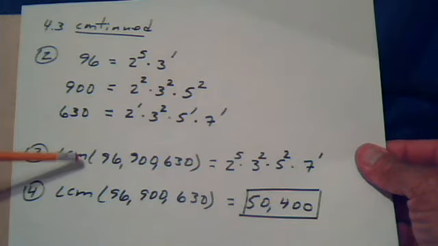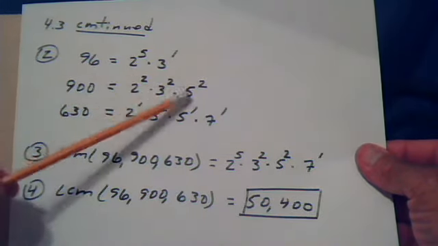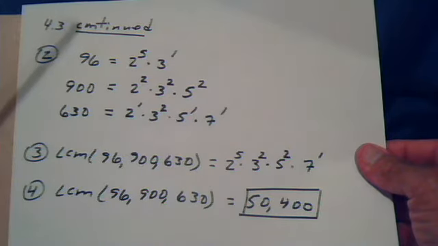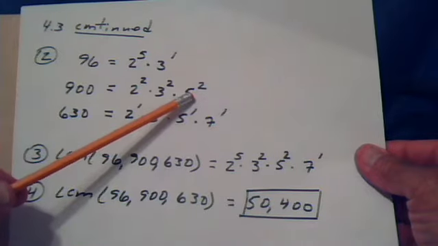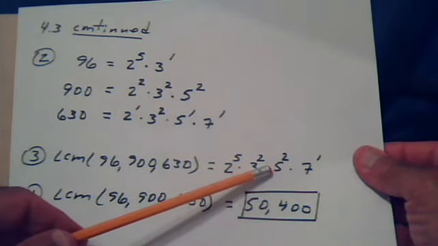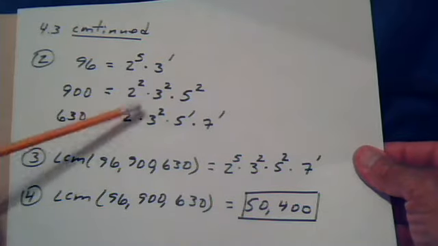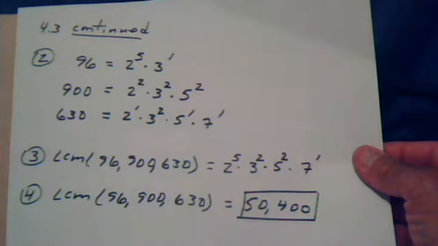Now for the LCM, the least common multiple, you have to choose each one of the prime numbers that is mentioned. Notice the 5 is mentioned here, but it's not mentioned anywhere else. I still have to take it. So any prime that's mentioned in any of the numbers has to be written down. That's the first step.